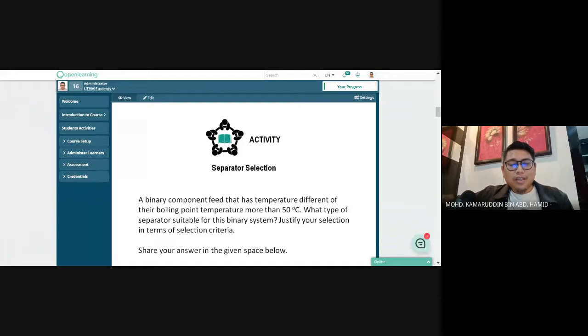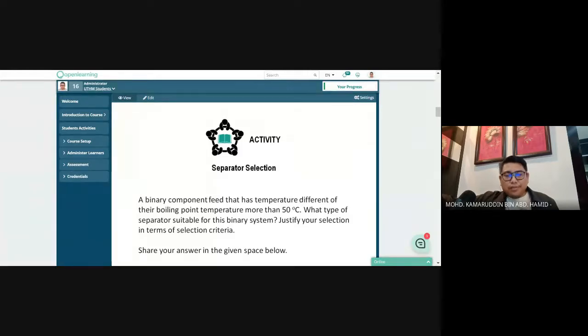Okay, we have a selection here, an activity: a binary component fit. When you're talking about a binary component fit, basically we have two components in one single fit. It has a boiling point temperature difference, delta TB, of more than 50 degrees C. That is the main important point.